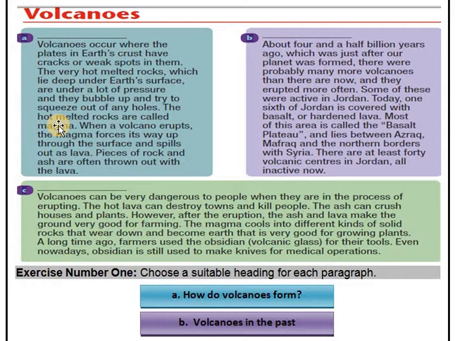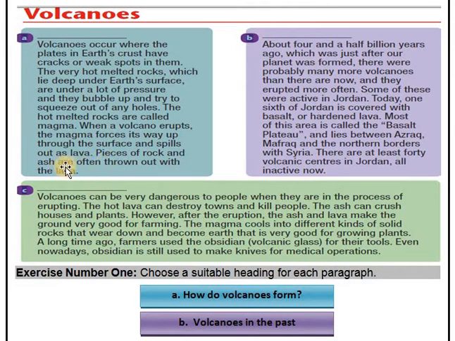عم بيعطيني the meaning of magma. Hot melted rocks are called magma. When a volcano erupts, the magma forces its way up through the surface and spills out as lava.